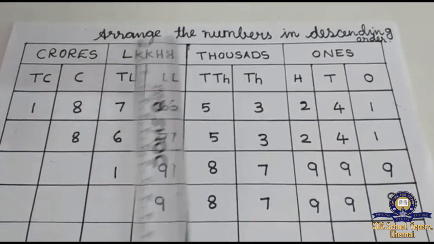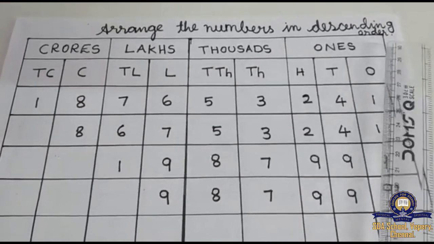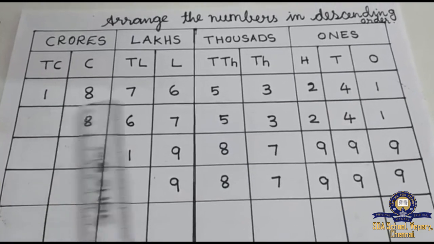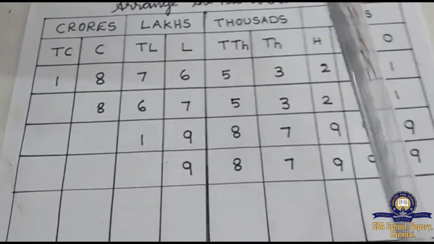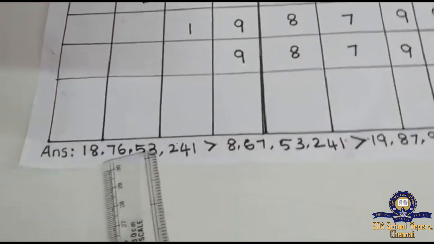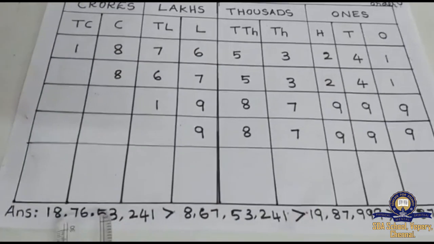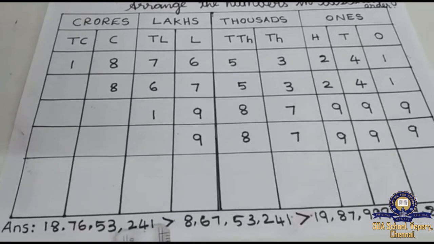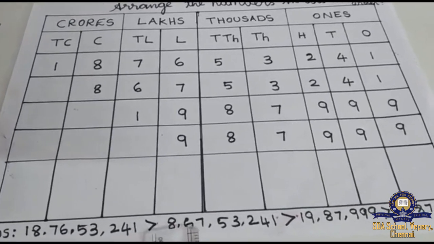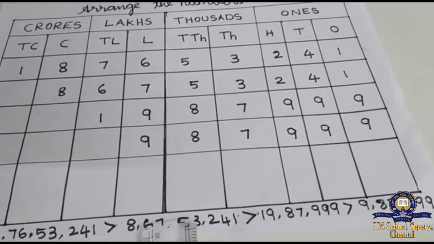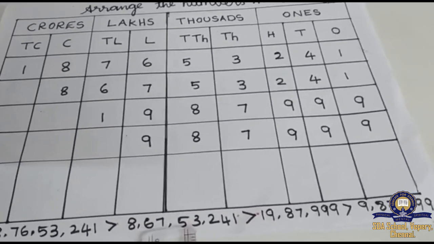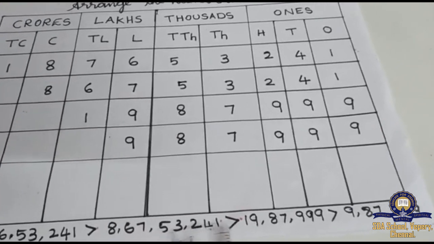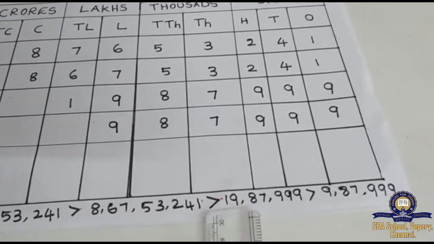See, we are arranging the numbers in descending order. That is, we have to arrange from the greatest number. This is greater. So, when we write, 18 crores 76 lakhs 53,241 is greater than the next number 8 crores 67 lakhs 53,241.